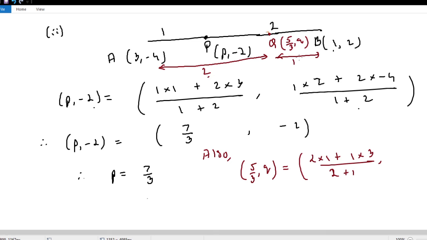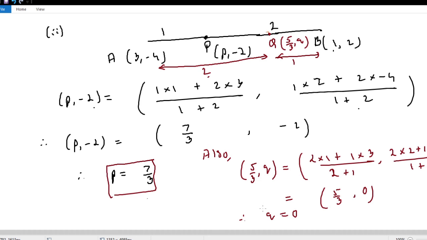The second part is more important for us: (2 times 2 plus 1 times -4) upon (1 plus 2). So this is equal to (5/3, 0), as 4 minus 4 is in the numerator, so it's 0. So on comparing, q value is 0. So the answer for p and q is: p is 7 upon 3 and q is 0.